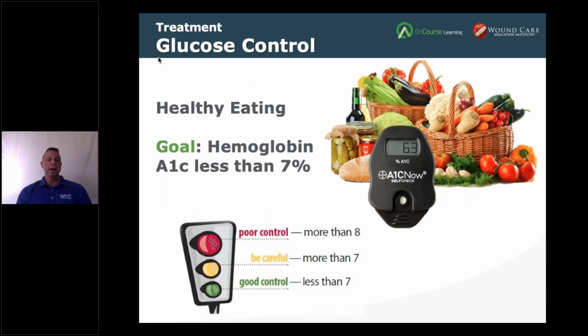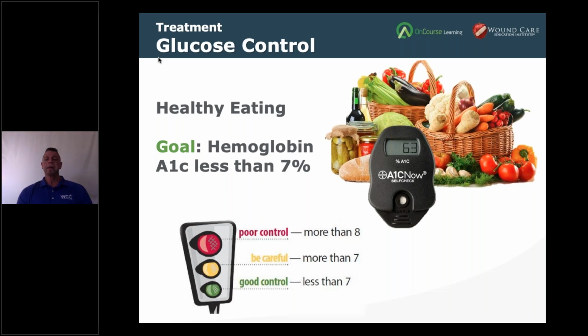The easiest way to control sugars, of course, is healthy eating. But that's easier said than done. We all know it, okay? It is very difficult for a lot of people to stick to a healthy nutritional program, okay? Because the not so good foods are generally less expensive, taste better, and are easier to access, okay?